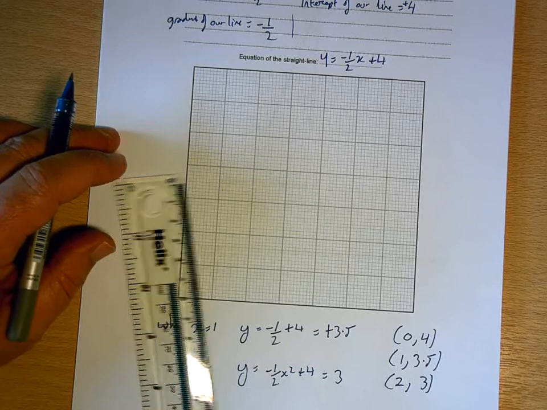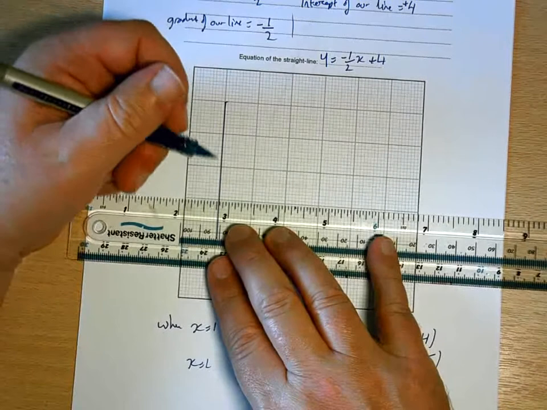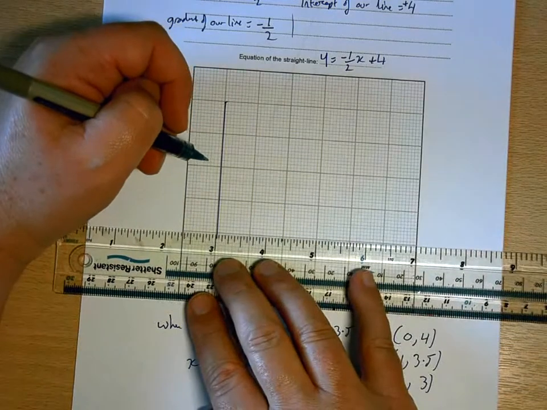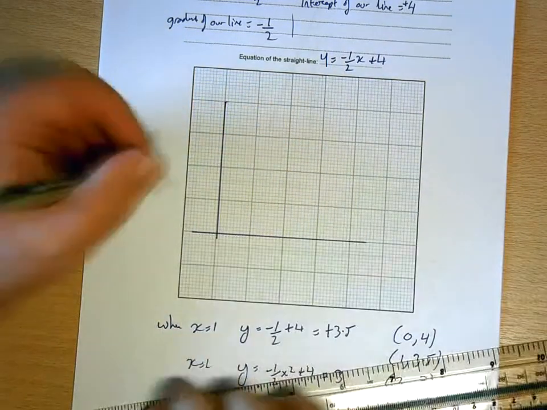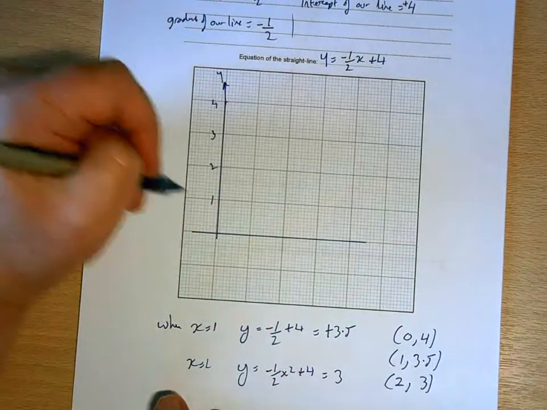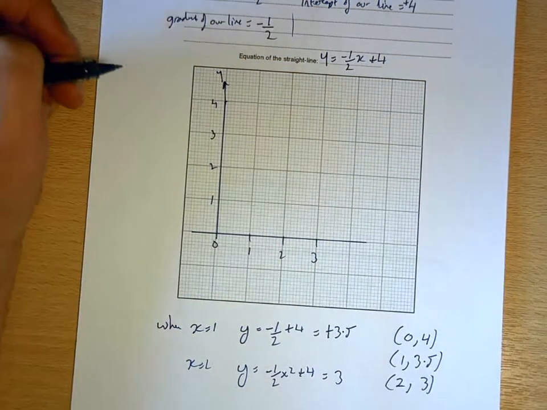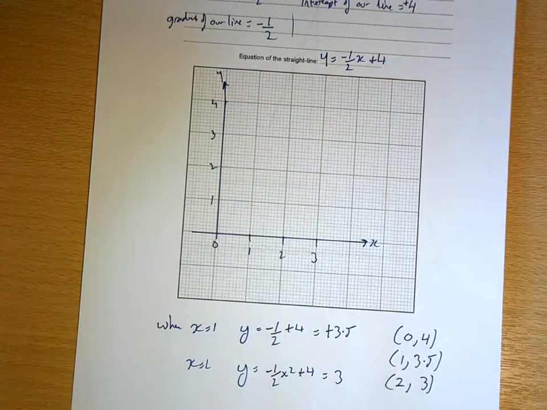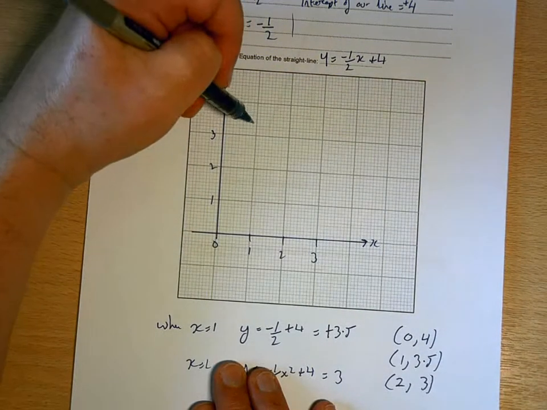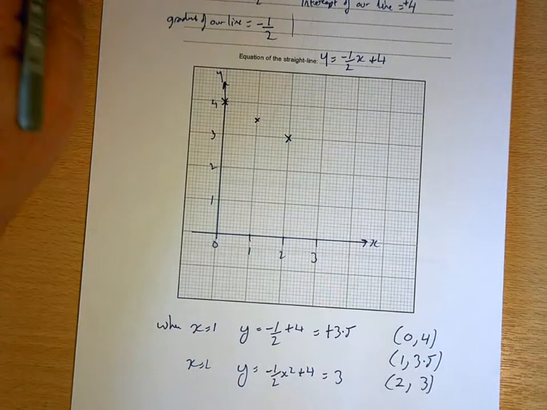Okay, so to draw that, 1, 2, 3, 4, 0, 1, 2, 3, x, 0, 4, 1, 3.5, 2, 3.